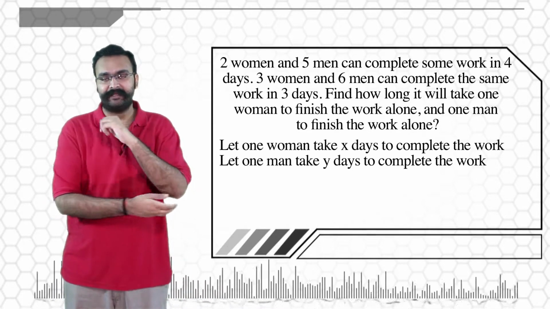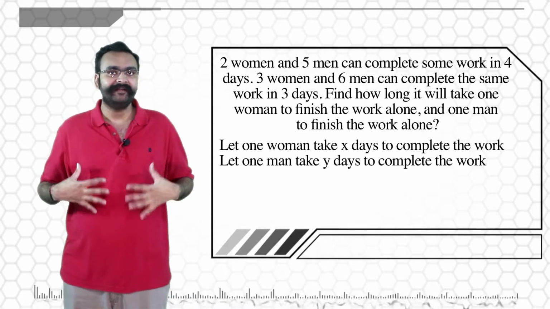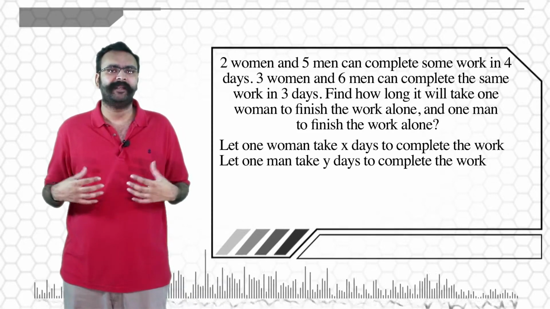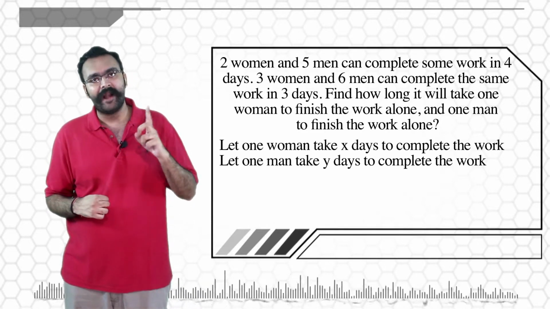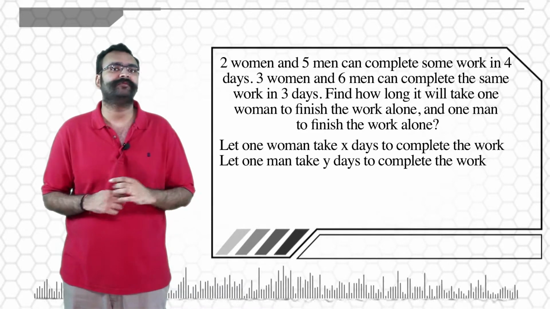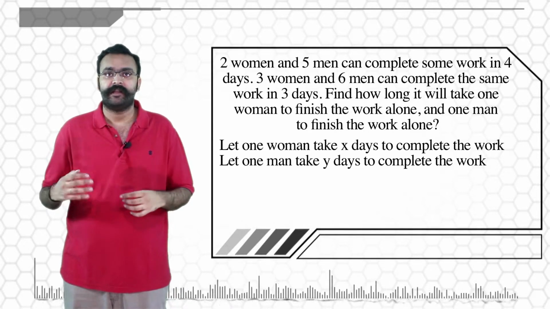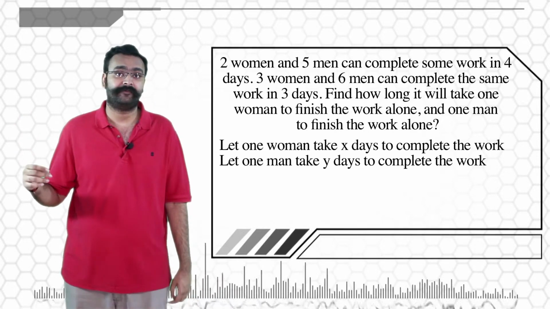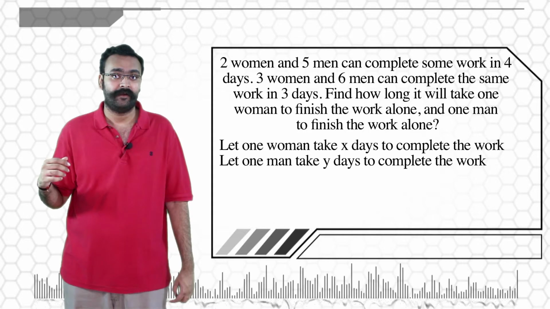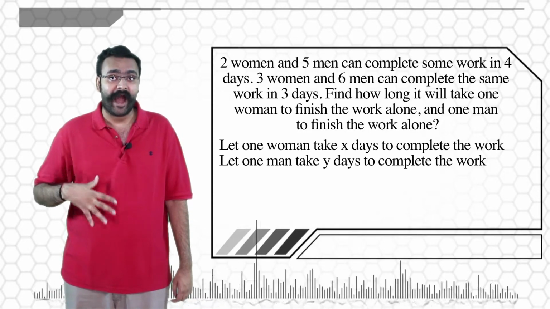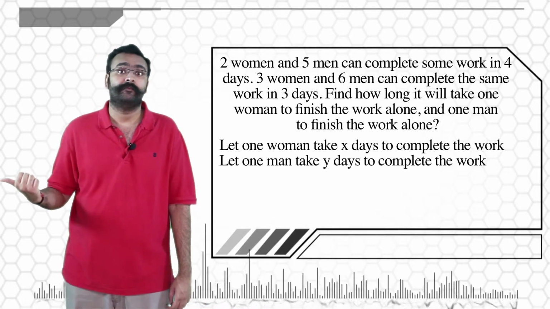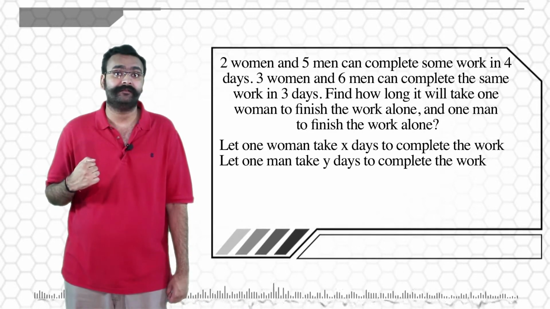Now think about it like this. If I take 10 days to complete a job, logically that means in 1 day I will do 1/10 of the job. Now if I somehow clone myself and there are 2 of me now, we both start doing that job. Now in 1 day I will do 1/10, my clone will also do 1/10.